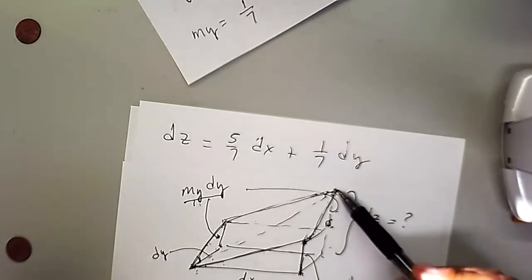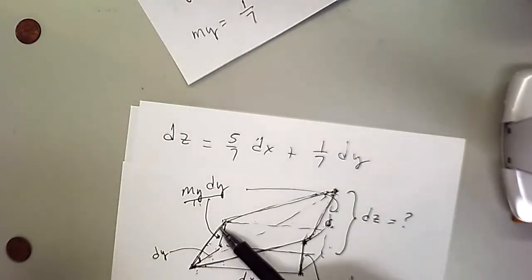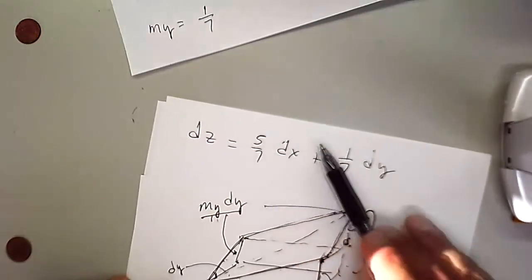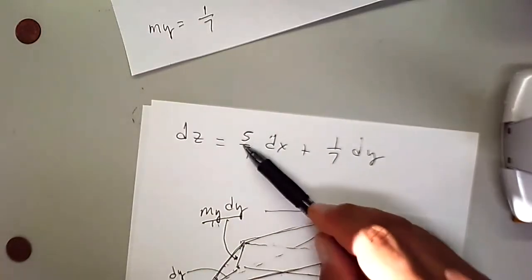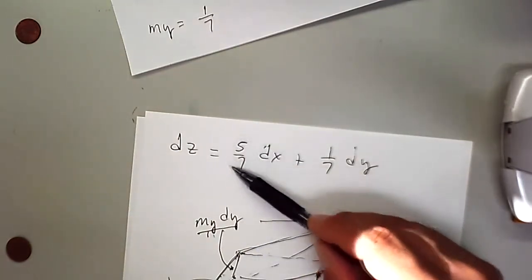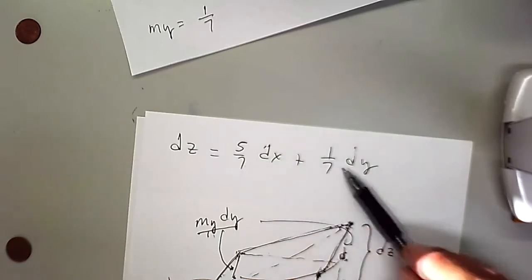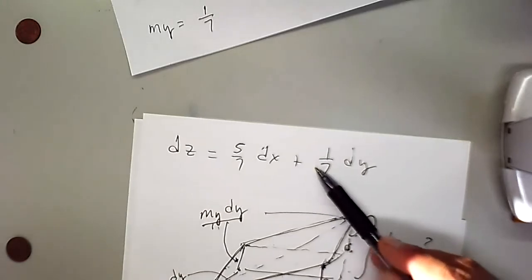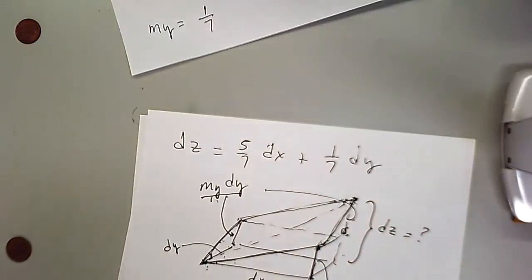And so to get to this point, this distance is contributing, as we move in this direction, that contributes more to going up higher. And that's what this tells us. The contribution in the dx direction, not necessarily much in this picture, provides more altitude than going in the y direction. That's what this is telling us. And by the way, those two numbers don't have to add up to 1. They add up to whatever. And one number may be negative, the other one may be positive if the plane is going in different directions.